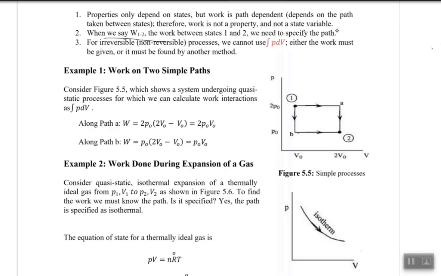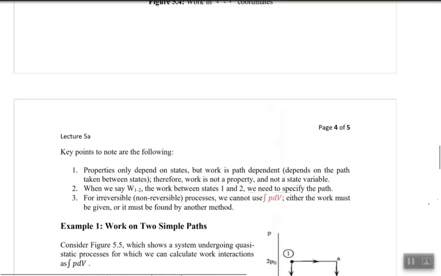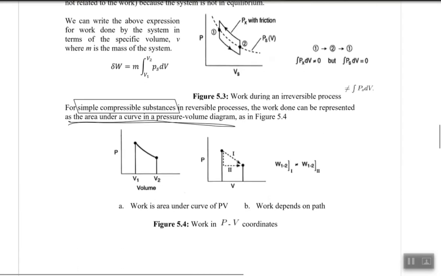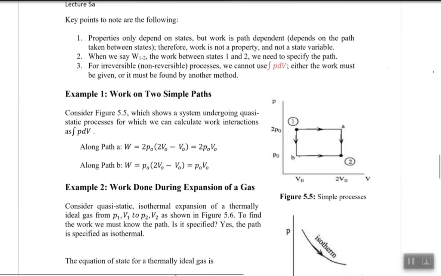Now, as written above, for a simple compressible substance in a reversible process, the work done can be represented by the area under the curve on a PV diagram. So we have the PV diagram over here, and the work done is equal to the area under the curve.